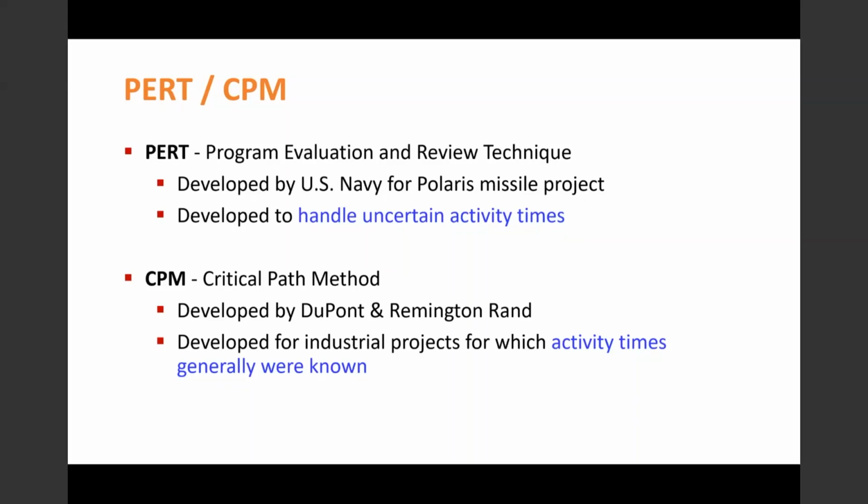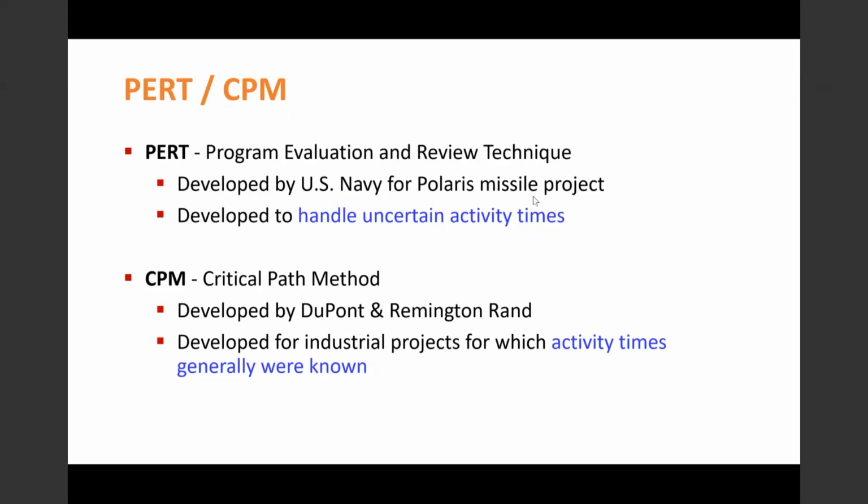The PERT and CPM generally have the same purpose and use very similar terminology. However, both of these techniques were developed independently. PERT was developed back in the 1950s, if I'm not wrong, by the US Navy for the Polaris missile project. Many of the activities in the missile project at that time had never been attempted before.